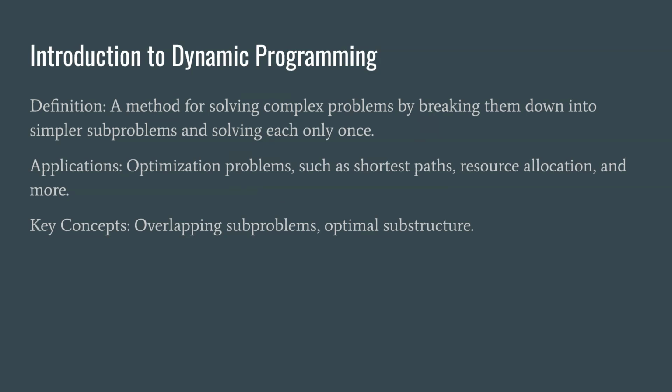This technique is particularly powerful for optimization problems, such as finding the shortest path in a graph, resource allocation problems, and more. So we're going to focus on the key concepts, which are overlapping subproblems and optimal substructures.